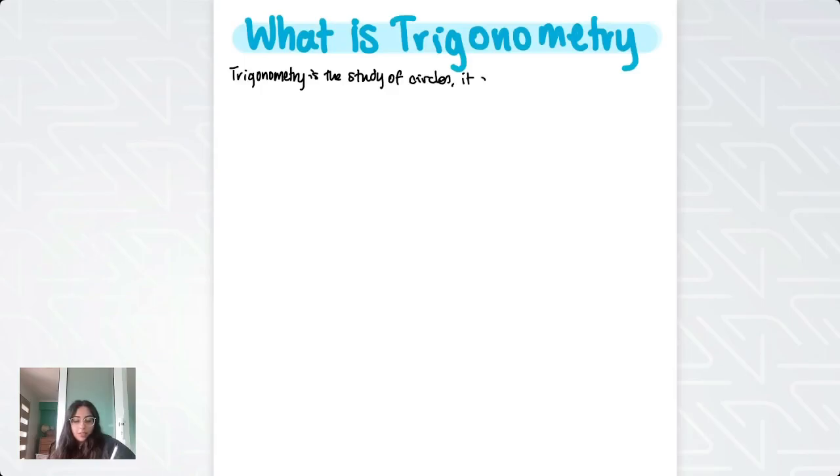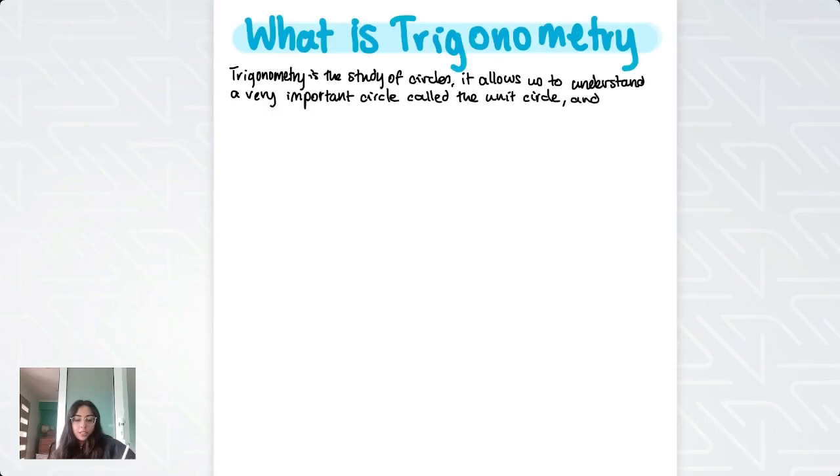It allows us to understand a very important circle called the unit circle, and find its features on the Cartesian plane.